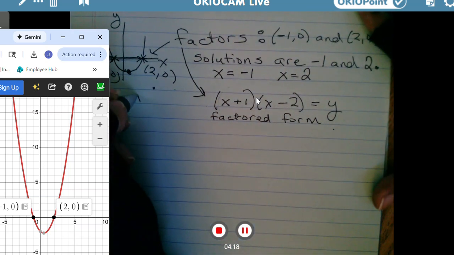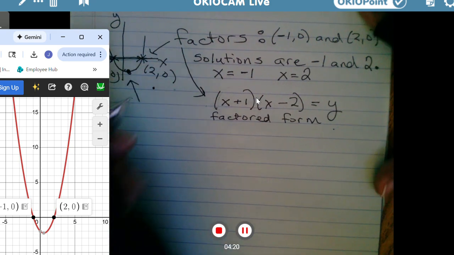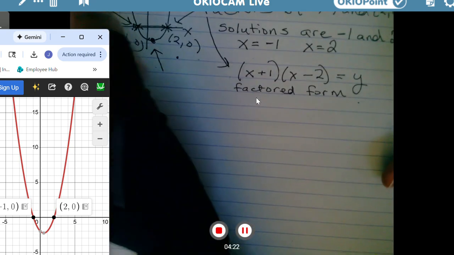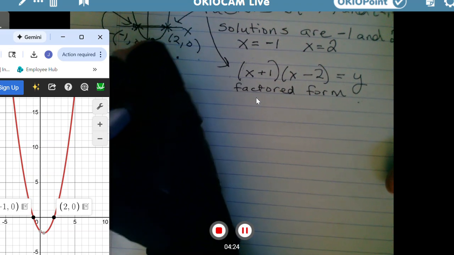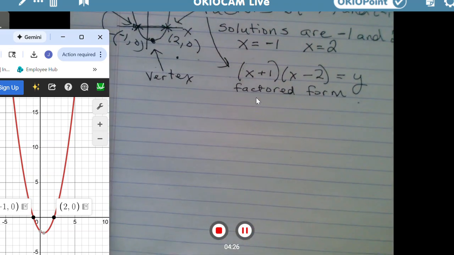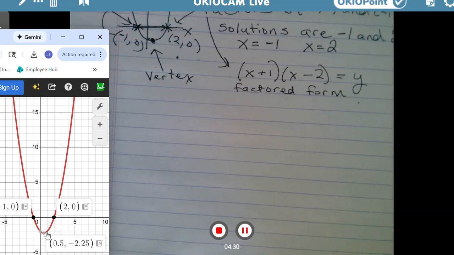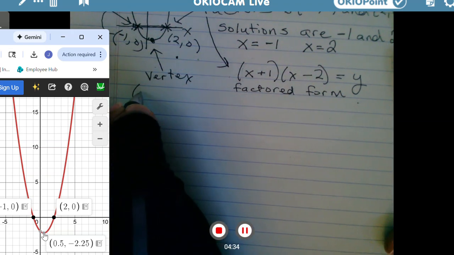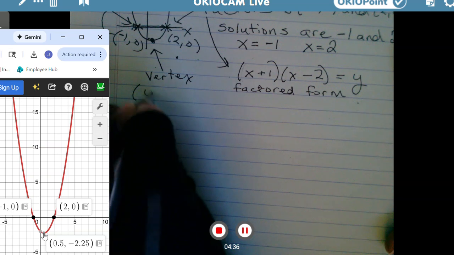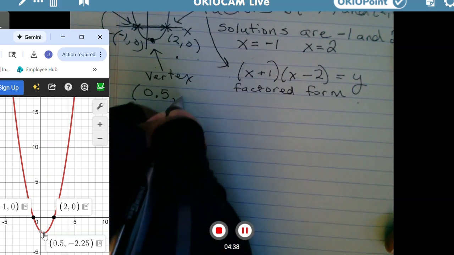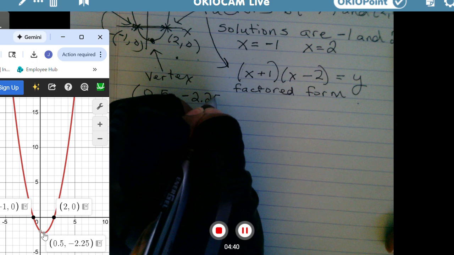This little point right here that I like to refer to as the nipple is called the vertex. The vertex for this function, I put it in Desmos, is at (0.5, -2.25).